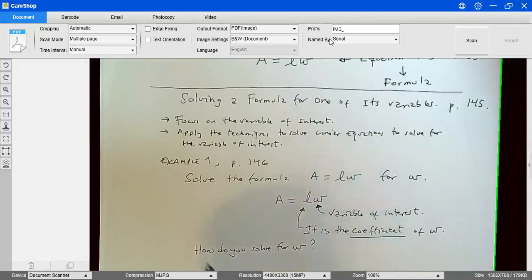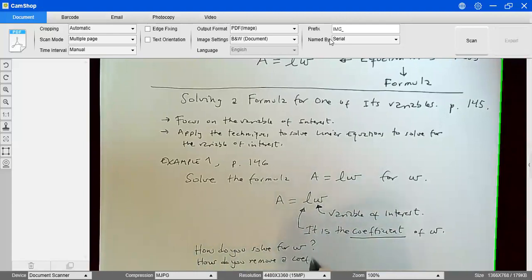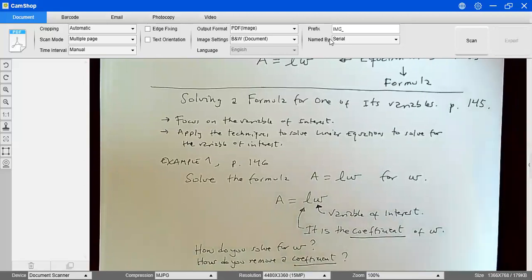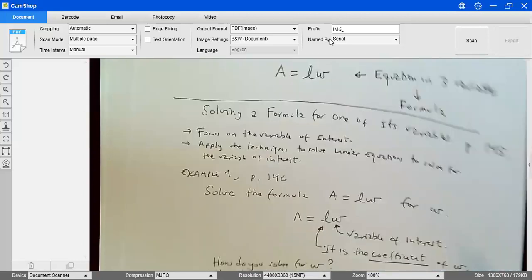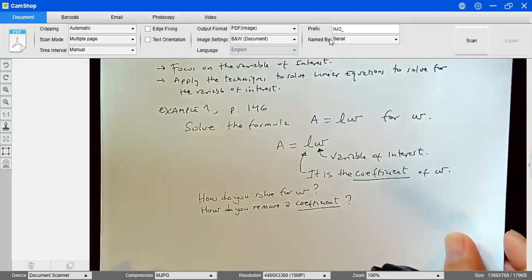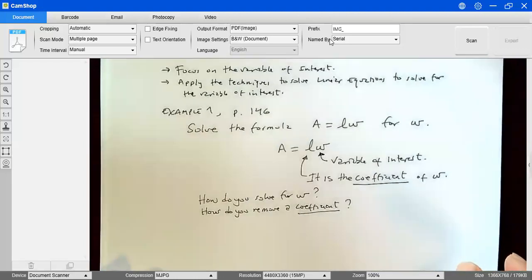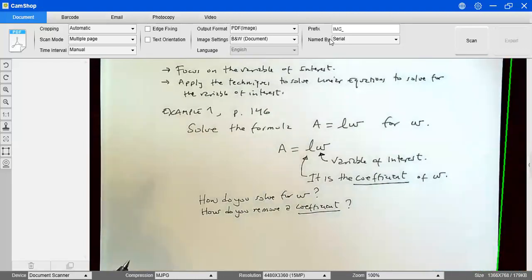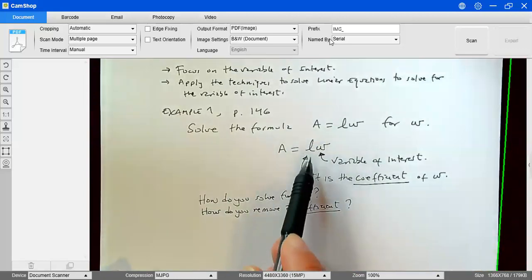So how do you remove a coefficient? So if you remember the properties that we learned on the previous sections, by applying the addition property, the multiplication property, then you know that you need the multiplication property to solve for W here because you need to remove the coefficient.